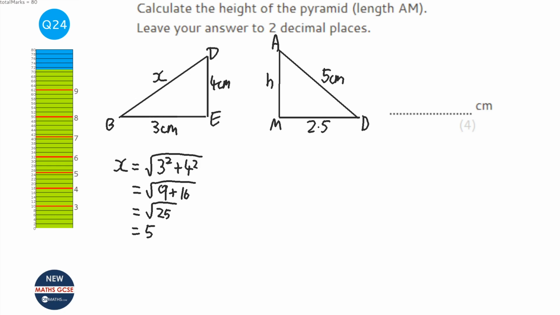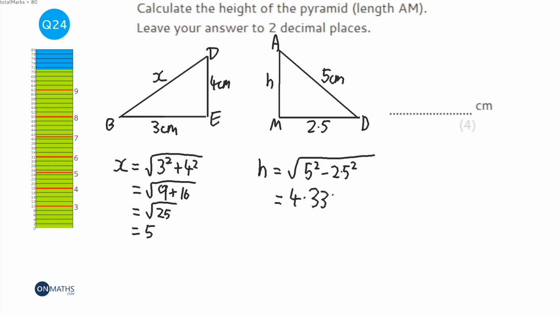Okay, so to work out what h is, I'm going to do the hypotenuse squared minus that length that we've just found out squared. And just get my calculator. Root 25 take away 2.5 squared, and it's 4.330 blah blah blah. So to 2 decimal places, it's 4.33.